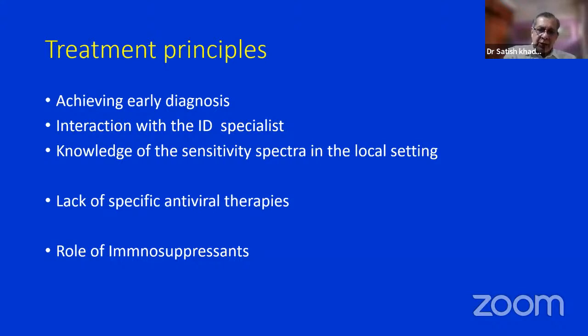There is still a lack of specific antiviral therapies, and you end up giving a blanket treatment when you know that whether it will work or not is questionable. And the last point again is for discussion: role of immunosuppressants like methylprednisolone or immunoboosters like intravenous immunoglobulins. I think we all appreciate that every infection has an inflammatory cascade.